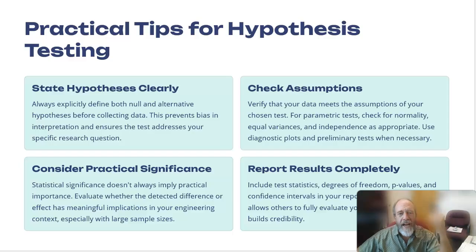You've got to look at the assumptions. Is the data normal? There's things that you've got to look for, and then once you get to the reporting of the results, and this is why people have a hard time reading statistical reports, you might include the test statistics, the degrees of freedom, the p-value, the confidence that you're using, and then what you're actually saying.